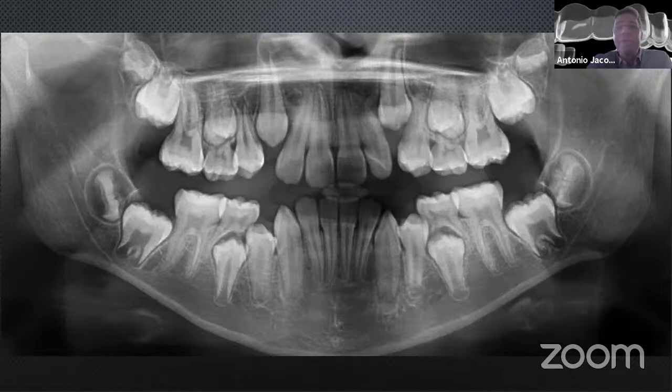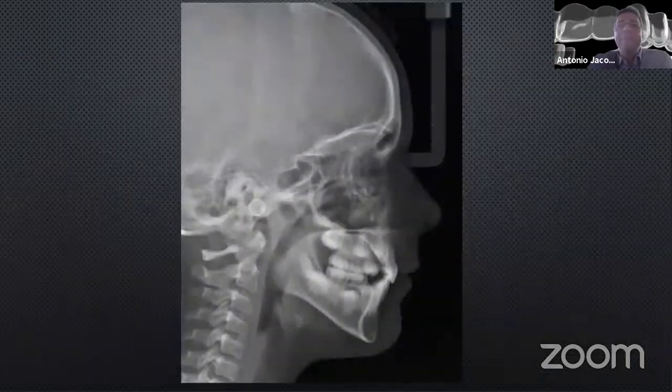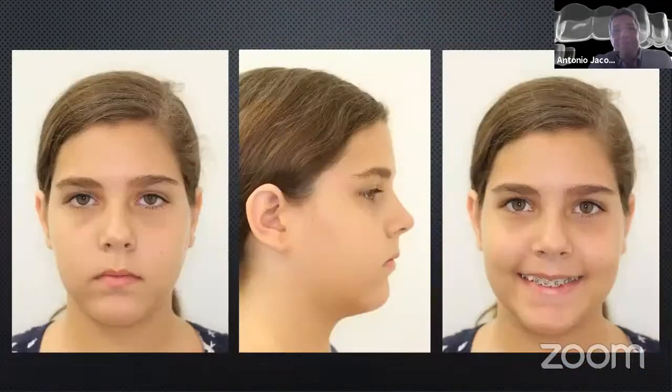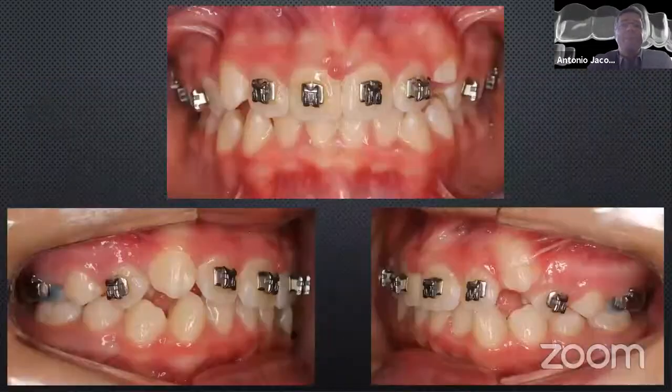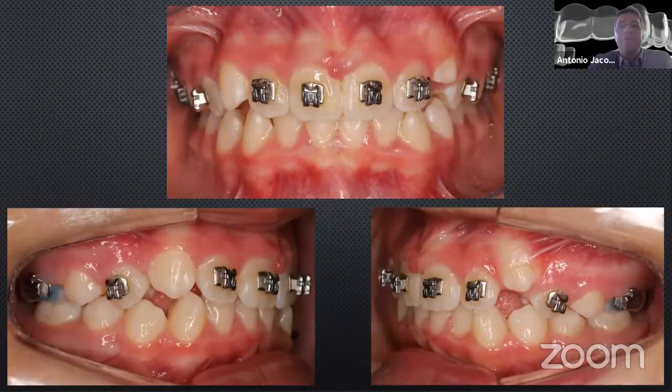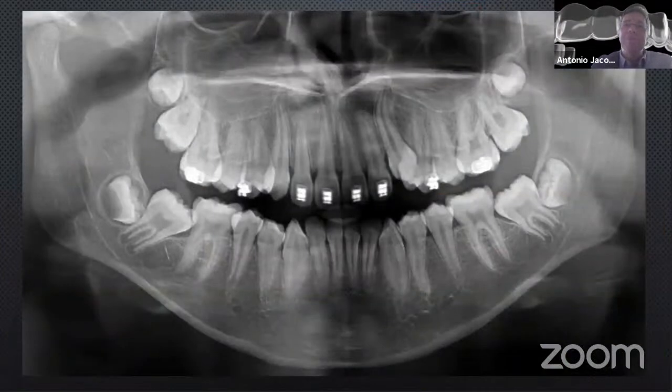So it was very interesting. And then she had braces. We opened the spaces, and the canines came passively, and they erupted very well. So you can also see that the inclination of the canine is with the crown towards distal.